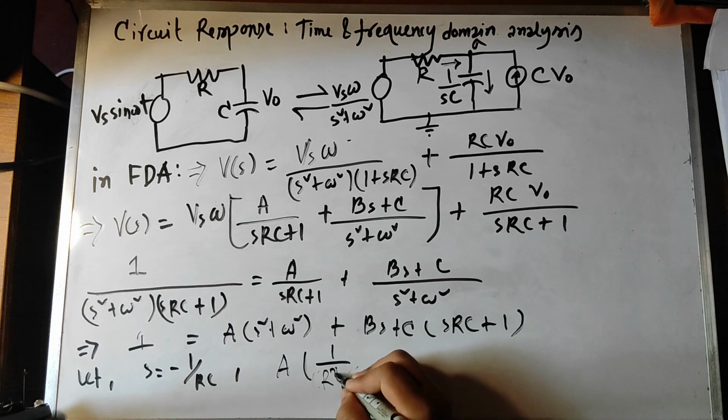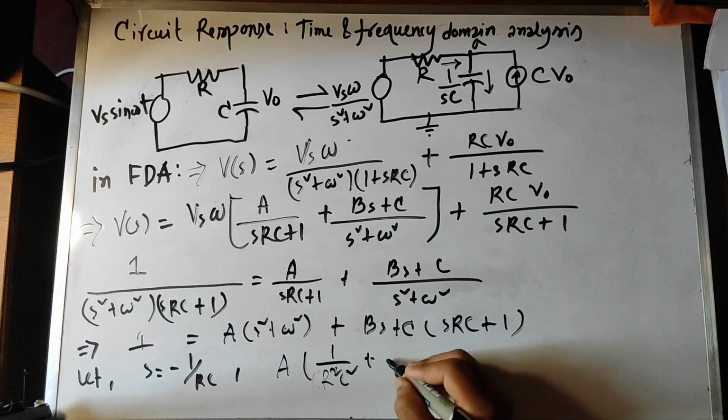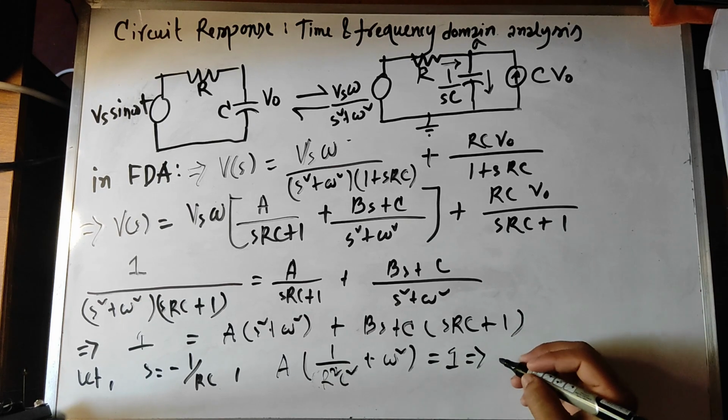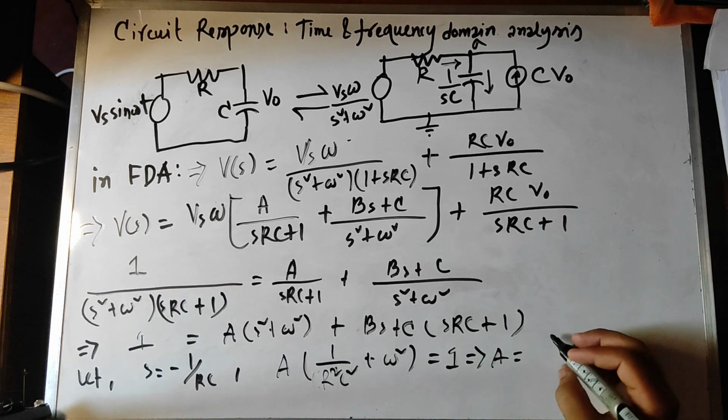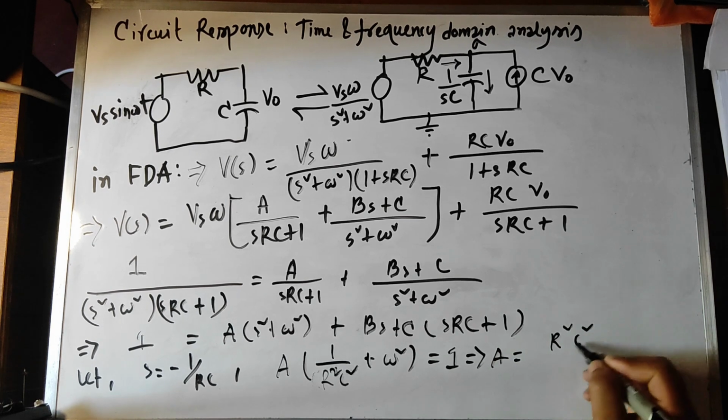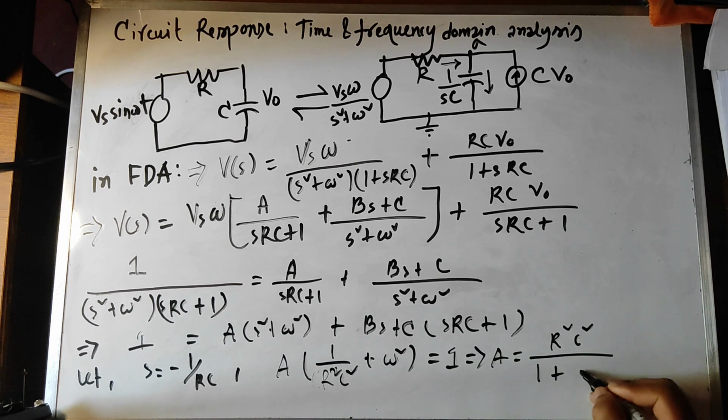So R square C square plus omega square... which will give A equals R square C square by 1 plus omega square R square C square.